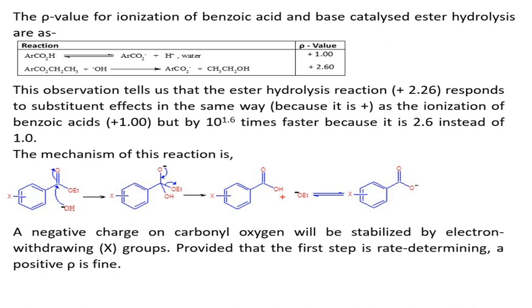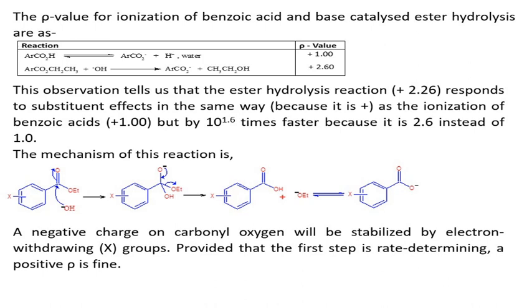A negative charge on the carbonyl oxygen will be stabilized by electron withdrawing X groups, provided that the first step is rate determining. A positive rho is fine.